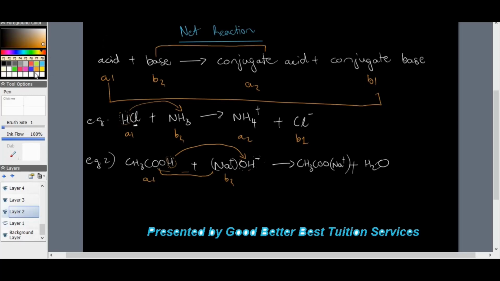So H2O acts as our A2, and CH3COO Na plus acts as our B1, which is, of course, our conjugate base that's formed from the acid, and then we have a conjugate acid which is formed from the base. Right, that's that example.